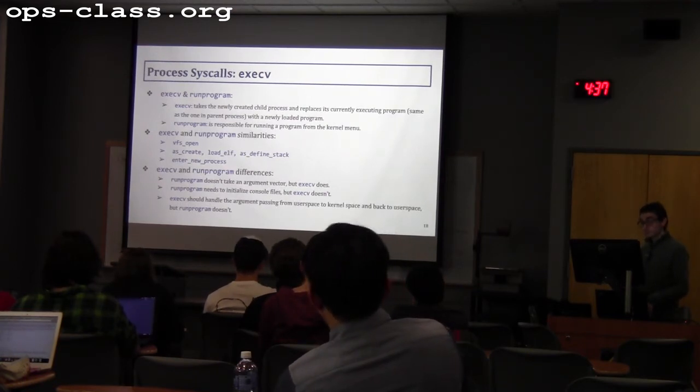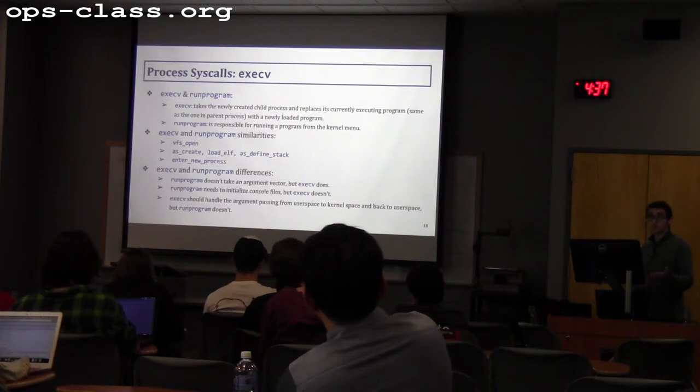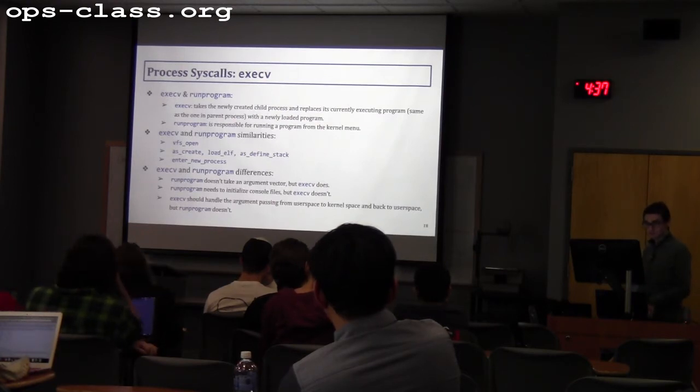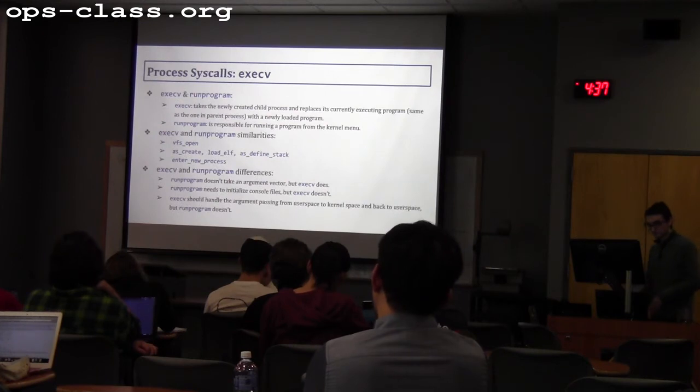Execv should handle argument passing, since it is receiving that argv pointer, passing arguments from user space to kernel space and back to user space. But runprogram shouldn't handle this because it's not receiving any arguments. So these are the differences. We can define execv as runprogram plus argument passing.